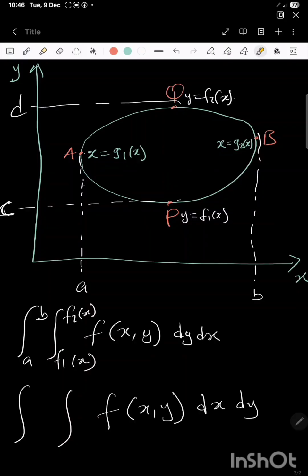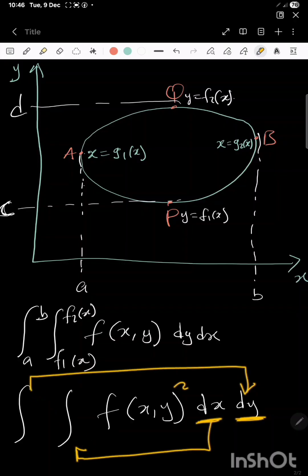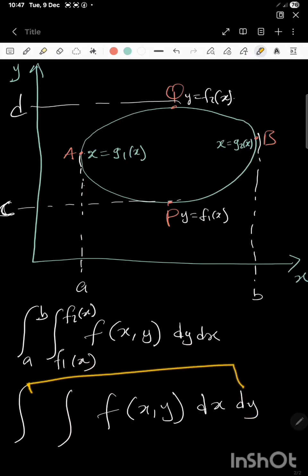That means we are first getting the limits of x, then we get the limits of y. So these will be the limits of x and these will be the limits of y here. Okay, so we are going to start by getting the limits of y, then we get the limits of x like this.